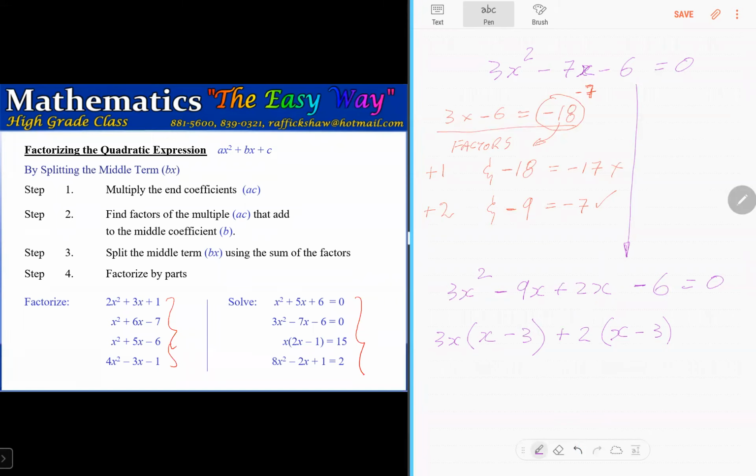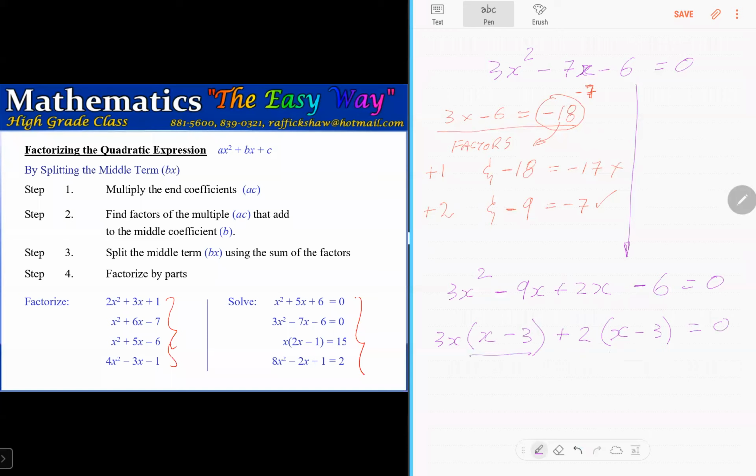We can check: positive 2 times x is positive 2x, and positive 2 times negative 3 is negative 6. So that's factorized correctly, and this is equal to 0.